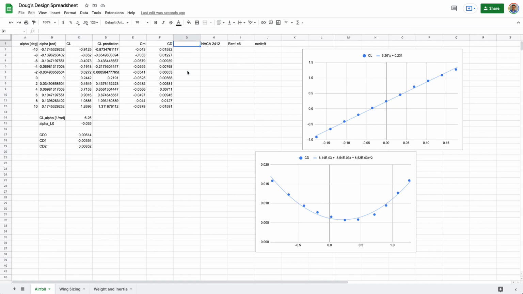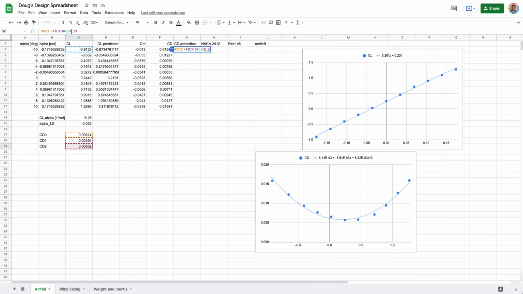So now let's use that equation to predict what the drag is going to be at any angle of attack, or at any lift coefficient, excuse me. And again, we'll just use the lift coefficients that we have over here. So the drag prediction would be equal to CD0, and we want to keep using that cell even when we copy this down, plus whatever's here, and again, we want to keep that cell, times the lift coefficient over here, plus this term here.